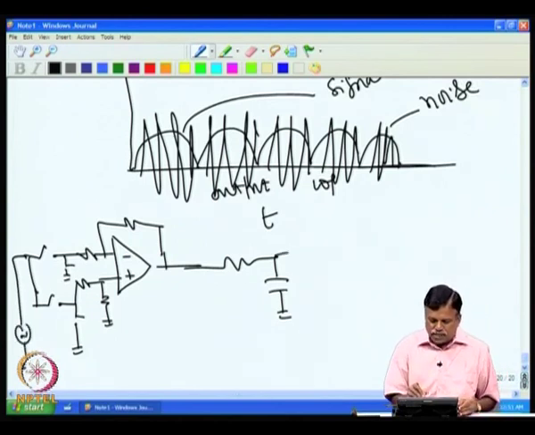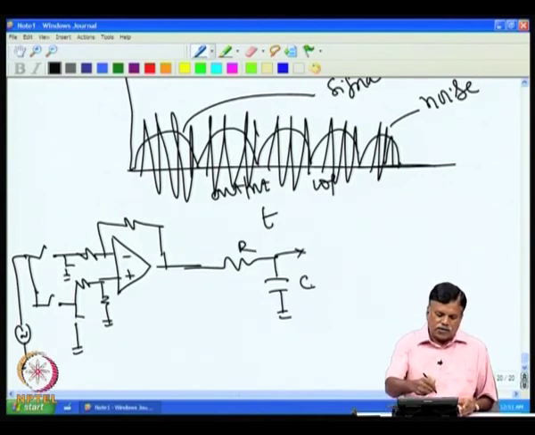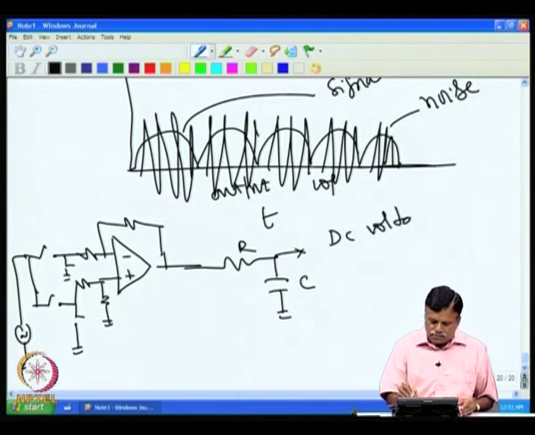Now we will have this averaging RC, where the time constant of the RC is much larger than the noise period. Then you will get here a DC voltage proportional to the signal.